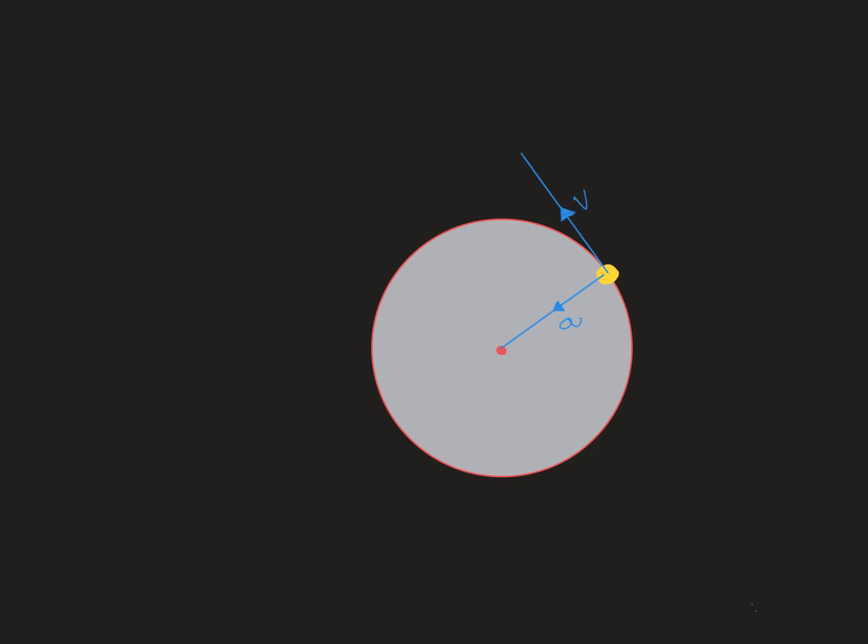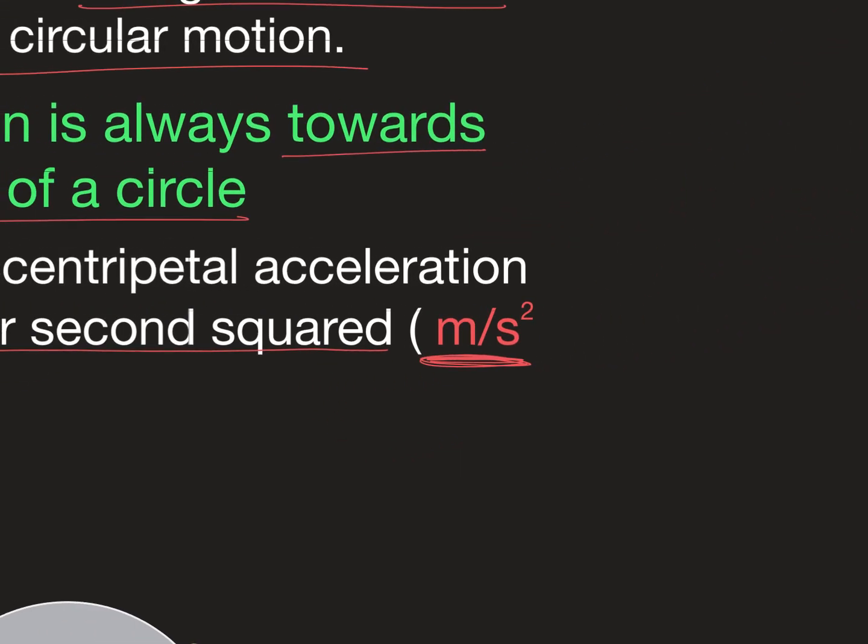So with this, we can comfortably say that the direction of the centripetal acceleration and the direction of the linear velocity are exactly at right angles, or 90 degrees. It is also important to note that the direction of the centripetal force is also towards the center of the circle. Since force causes acceleration, they have to be in the same direction. Okay? So moving on.